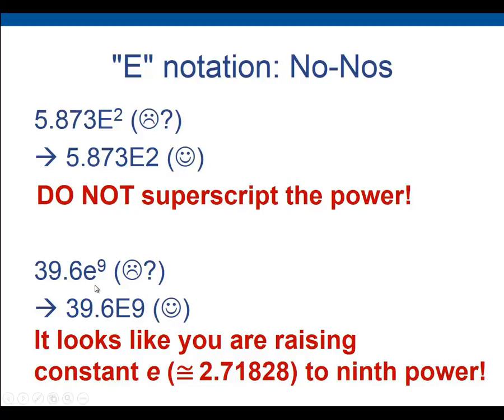Even worse is using a lowercase e with a superscript, since this looks like the constant e, which means 2.7, the natural logarithm, to the 9th power. So it looks weird. So change e to a capital E and 9, not a superscript 9. Okay.